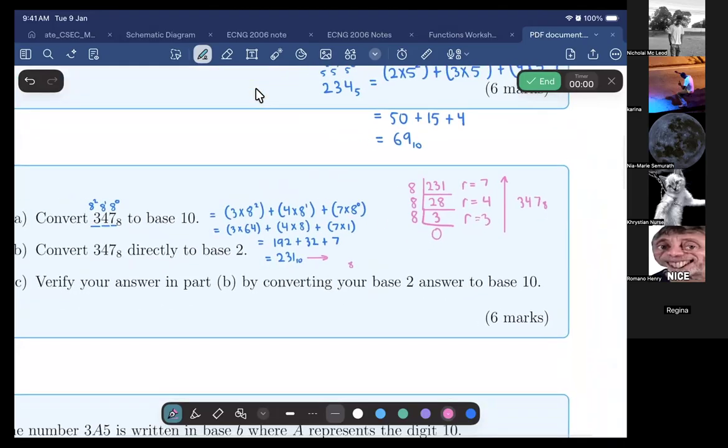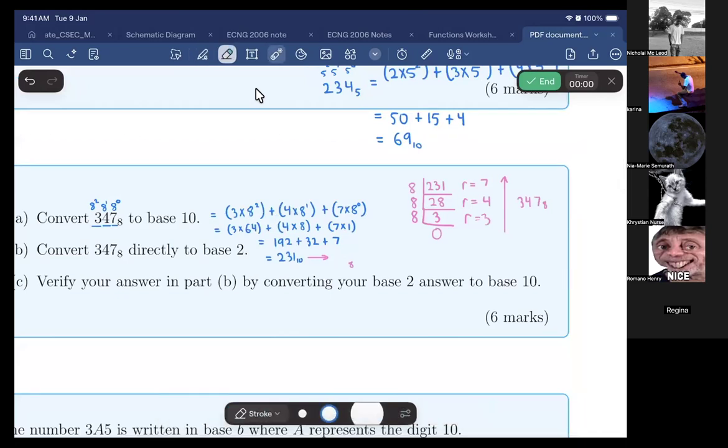Is that equivalent to what we started with? Yeah. Right. So, does everybody understand how to convert something to base 10? Yes, sir. And do you all understand how to convert from base 10 to any other base? Yes, sir. Okay, I'll wrap it up when we finish. I'll just review everything.